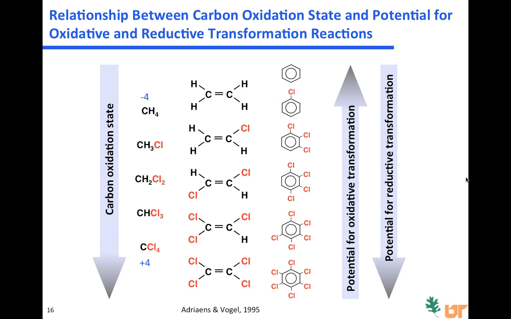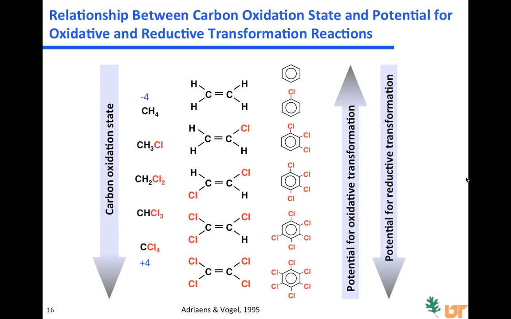The maximum reduced state of carbon is -4. The maximum oxidized state is +4. So you see there's a significant difference in oxidation state between methane and carbon tetrachloride. The same is true for ethene and PCE, shown in the middle, or benzene and hexachlorobenzene, shown on the right.